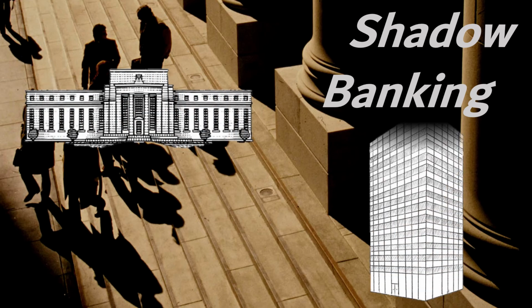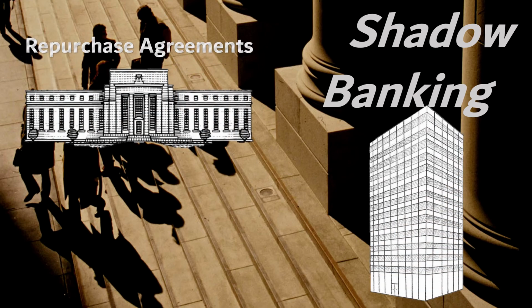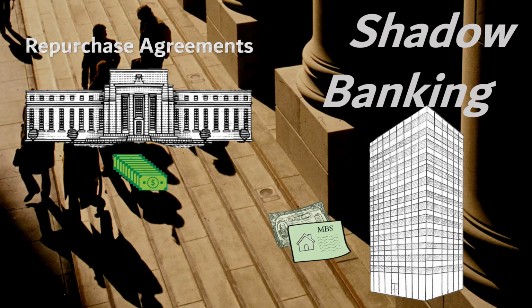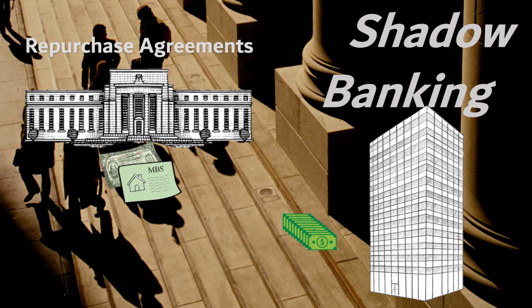To do this, the Fed uses a different tool called repurchase agreements. These are a common financial tool many financial institutions use, and the Fed can basically jump right into that market. They create some money and use it to buy assets from an investment bank.